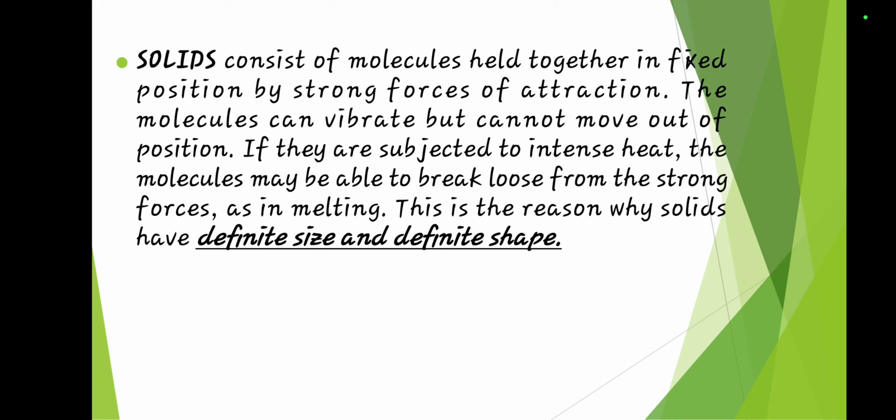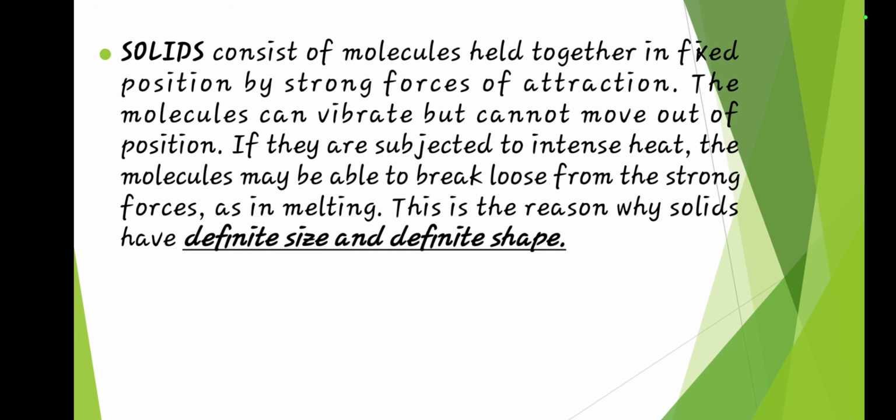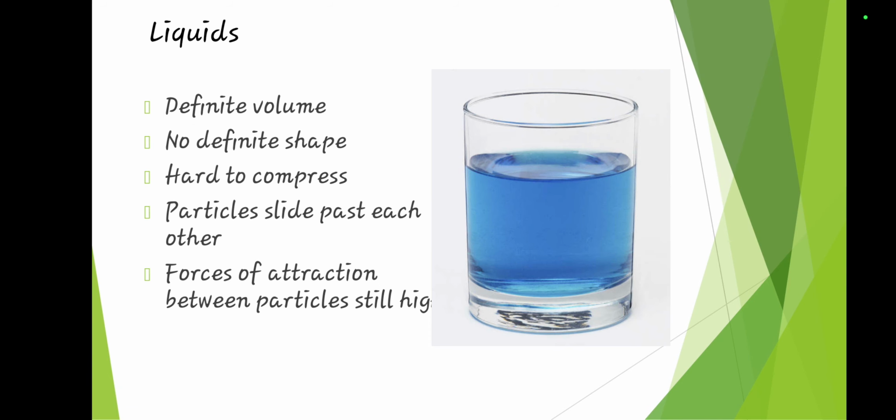That is one good example of the solid. As you can see here, the molecules or particles are held together in fixed position by strong forces of attraction. As I've said a while ago, when we say solid, it has strong forces of attraction. The particle is very strong in attracting the other particle. So that is solid.